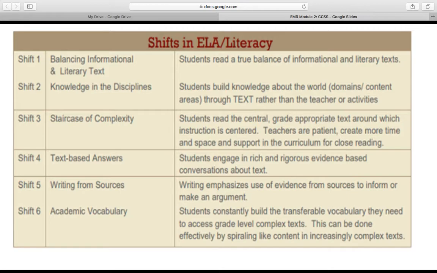This is the shifts that they identified, and really those are pretty much covered in the earlier reading, but I wanted to take a minute and have you think, when you think about last week's reading, the report on the National Reading Panel and the suggestions for teachers, you can really get a sense of the pressure that the Common Core state standards placed on the education system, because this is far and away more sophisticated.